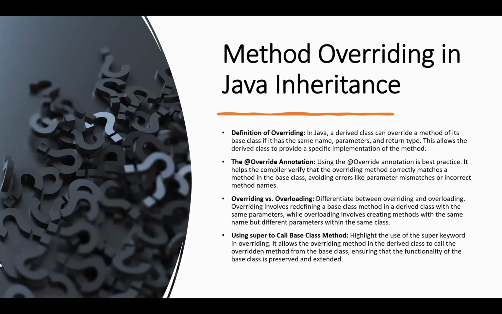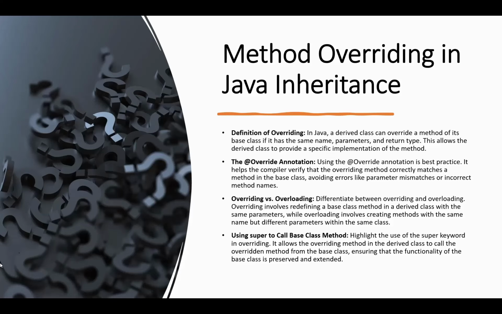And Java provides helpful tools for this. The override annotation. Placing @Override above a method signals that you intend to override a method from the base class. This is not just a good practice; it's a safety net.